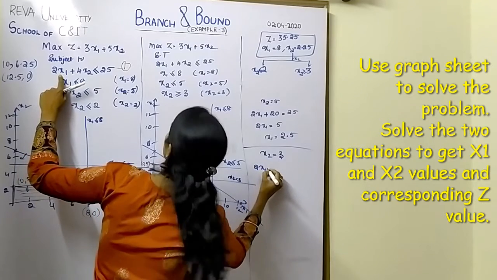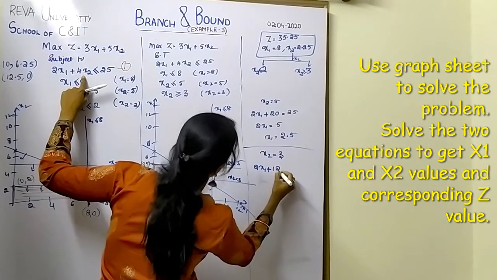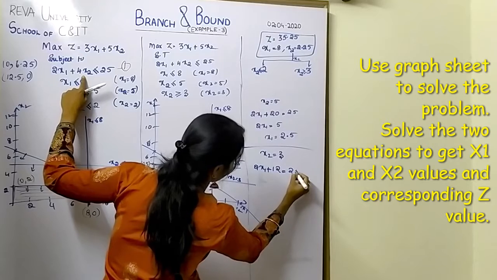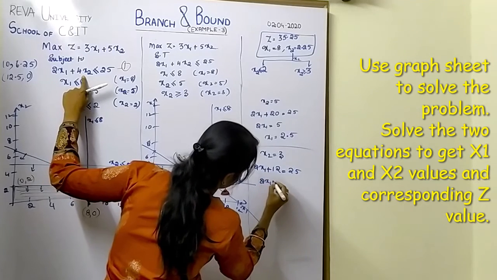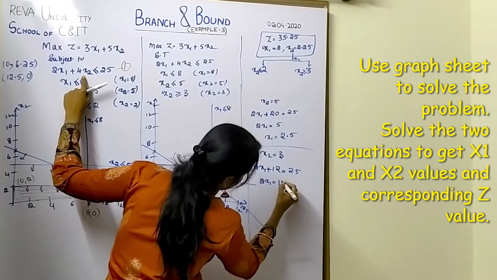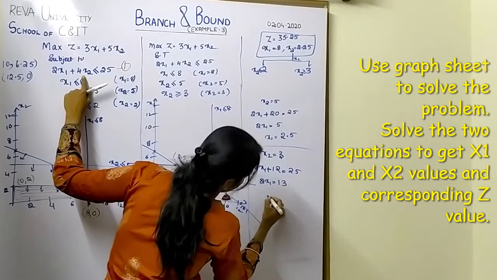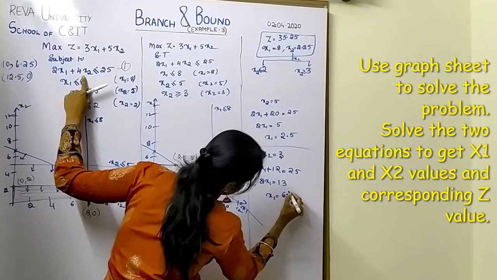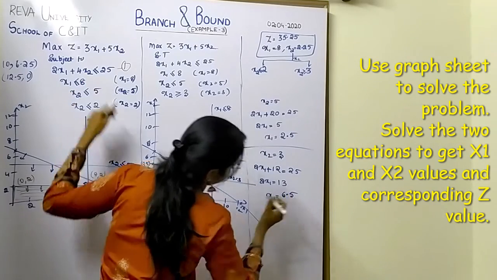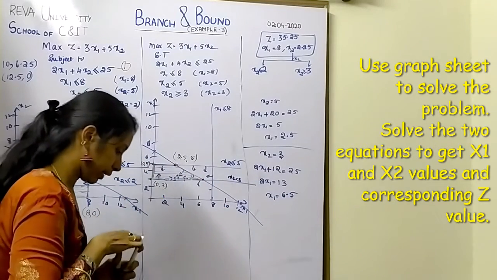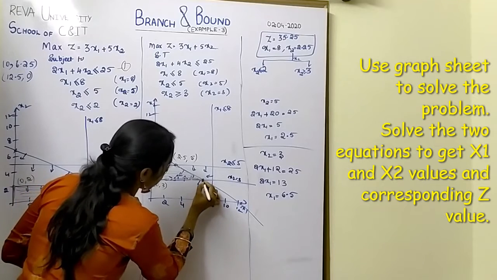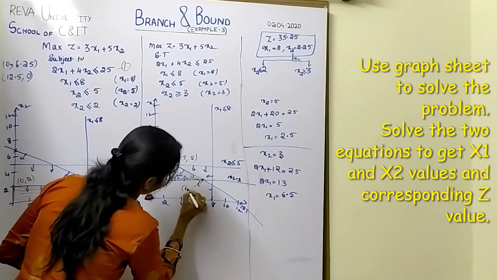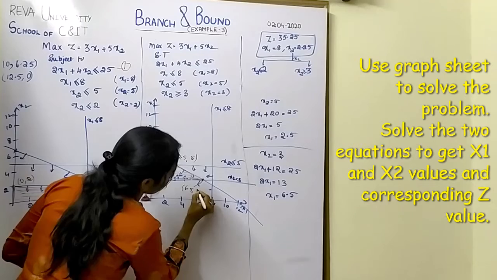So 2x1 plus 12 equal to 25. 2x1 equal to 13. x1 is equal to 6.5. So you will get here, this point will be 6.5, 3.